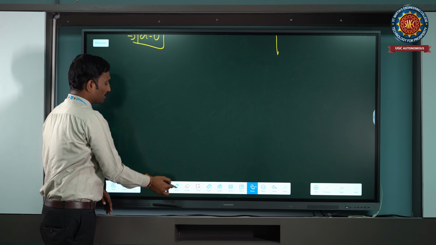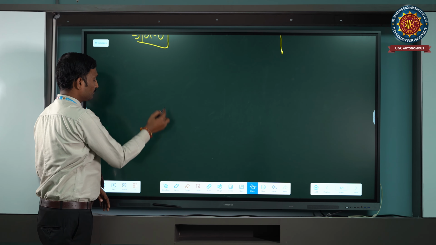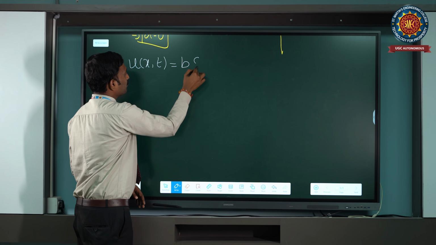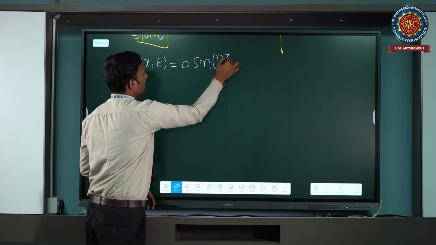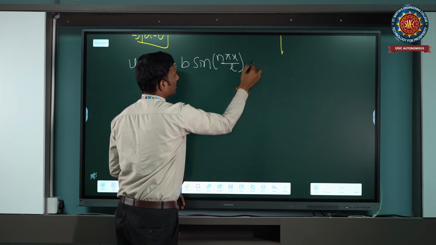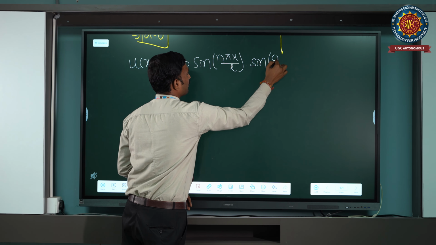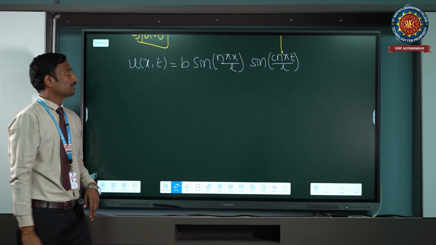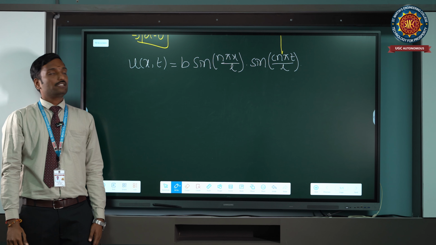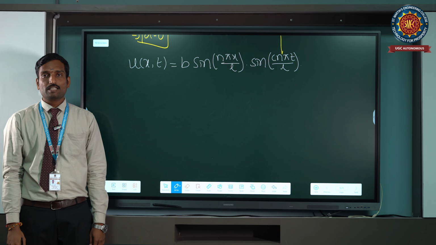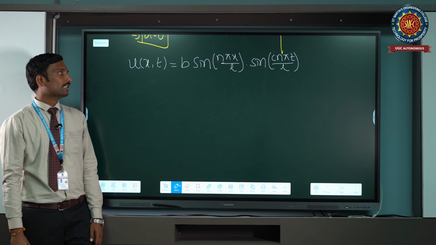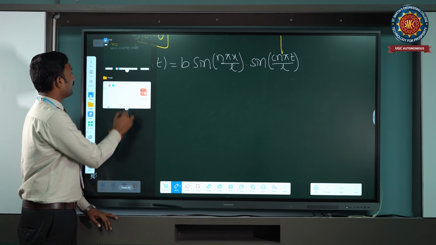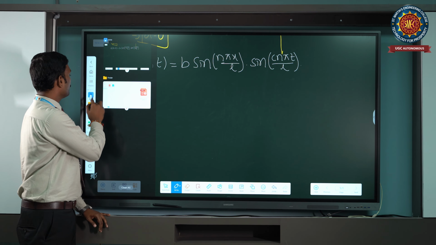So that equation becomes u(x,t) = B sin(nπx/L) sin(cnπt/L). Now we have to find the solution of the given wave equation by using the second initial condition. The second initial condition is given as u_t(x,0) = λx(L − x).